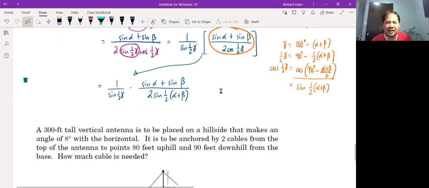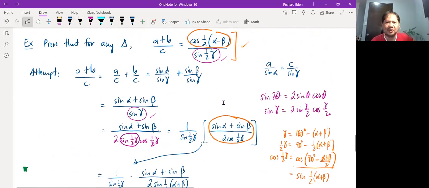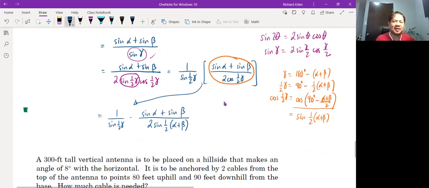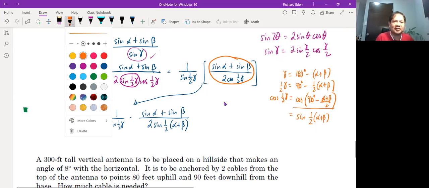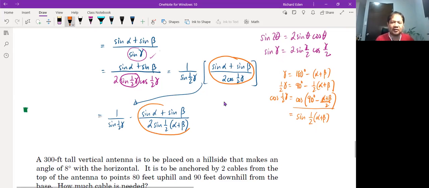All right. Kailangan na lang natin palabasin ng cosine of half of alpha minus beta. So, okay, at least we are getting there. Some question dito, is this equal to the cosine of half of alpha minus beta? Should be. Okay, so that's our goal.